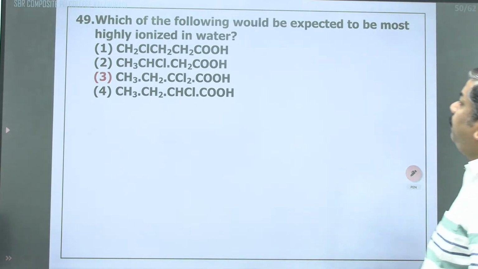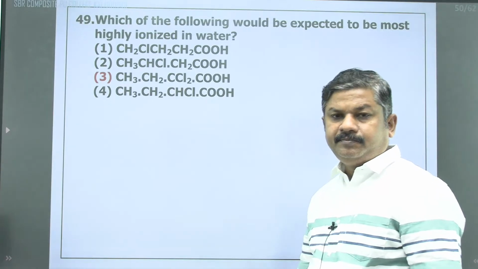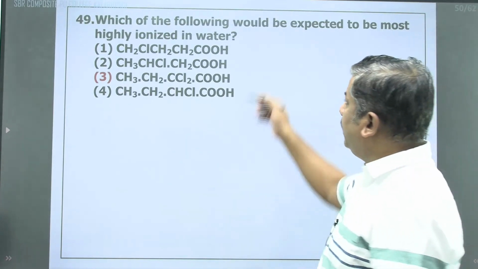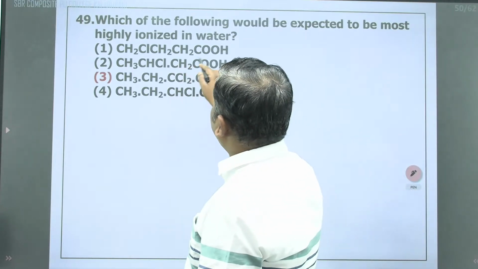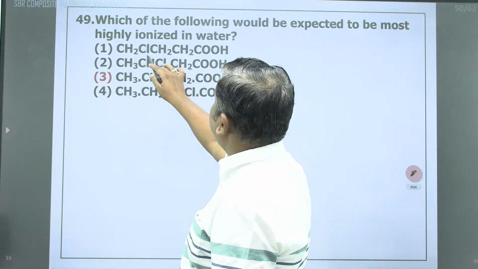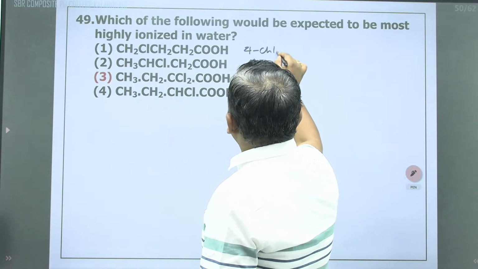49, which of the following would be expected to be the most highly ionized in water? Most highly ionized in water means the most acidic compound. The first one is 4-chlorobutanoic acid.